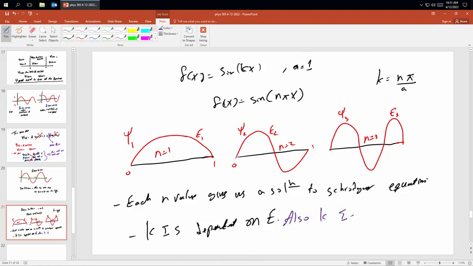K is dependent on what? On n, right? So if k depends on the energy and k depends on n, that means the energy also depends on n, and that's what we see in E1, E2, E3.